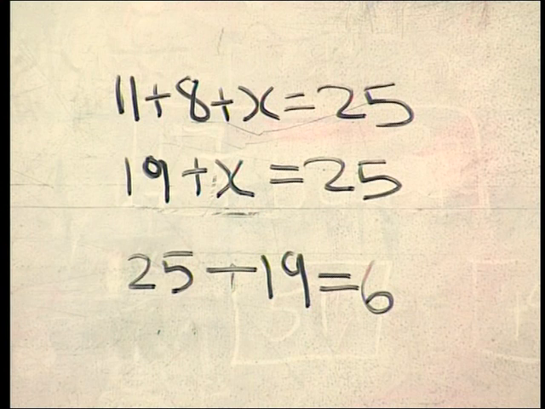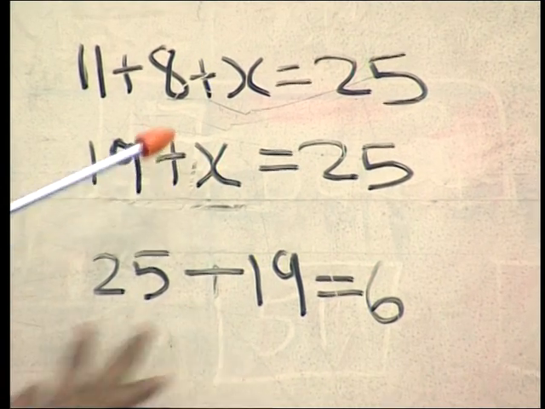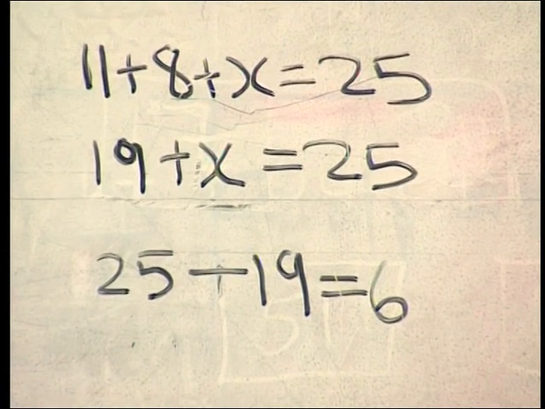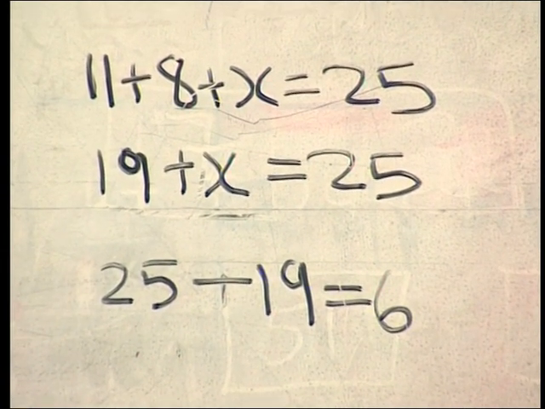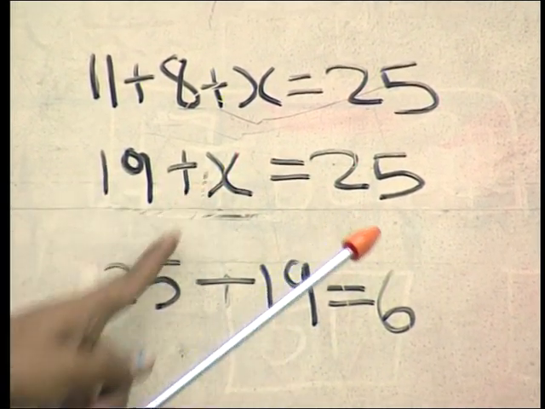Now what are you going to do? You are going to subtract 19 from both sides, in order to leave the X on its own. So 19 minus 19 is 0, and you leave X on its own.